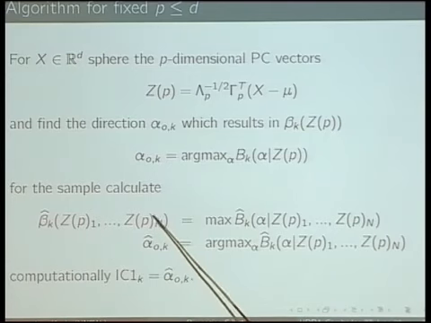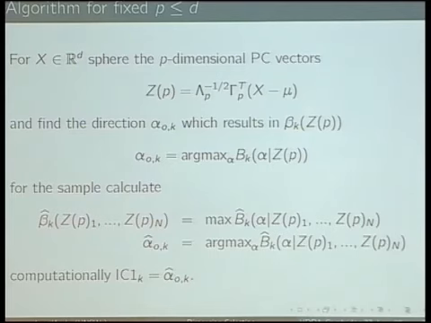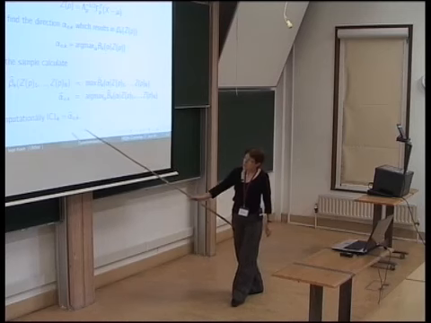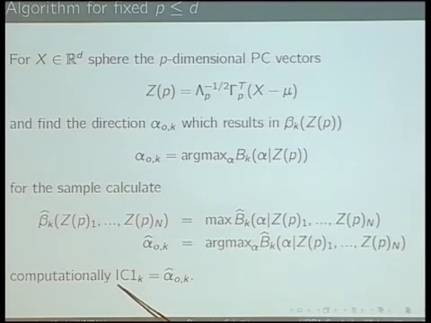In fact, of course, we do know, because we're using principal component analysis, that p can't be bigger than n, because we can't actually go any further. So I'm going to calculate this kurtosis quantity, which is a scalar quantity, and I find that in terms of this direction vector alpha naught, which maximizes the quantity beta for the sample. In ICA, it turns out that this quantity is actually exactly the first independent component direction.